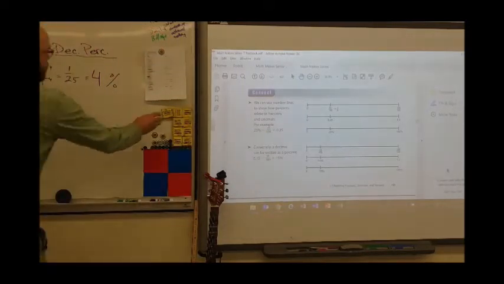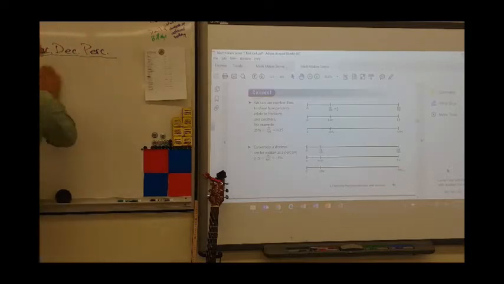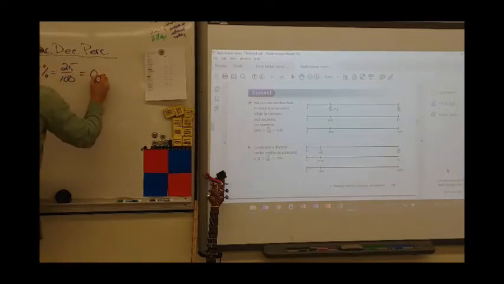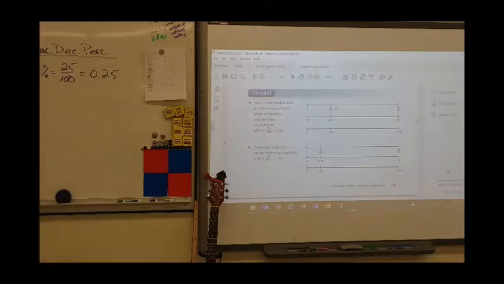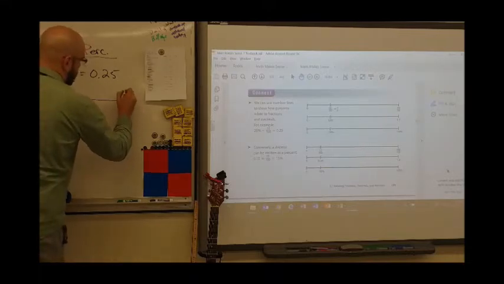But as a number line, we have 0, and we have 1. We have 50%, or 0.5, or 50 out of 100 here, and there is 25%. So we have 25%, that's 1/4 of it, or 25 out of 100, or 0.25.